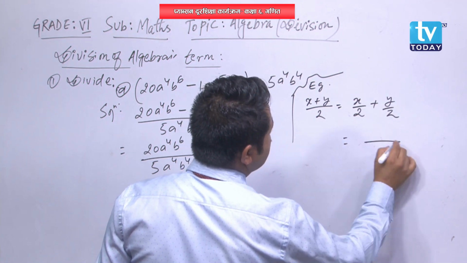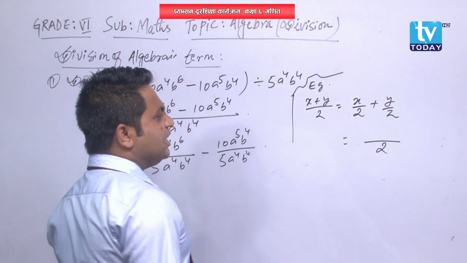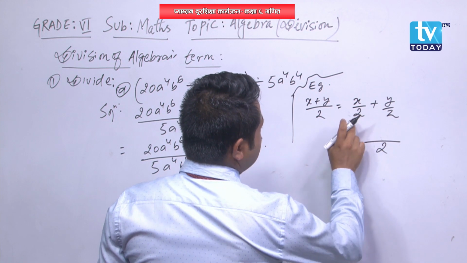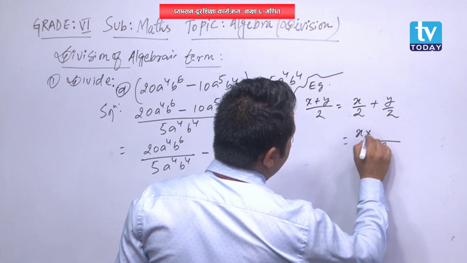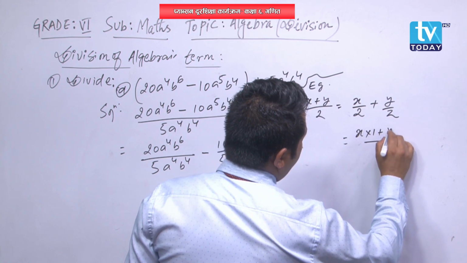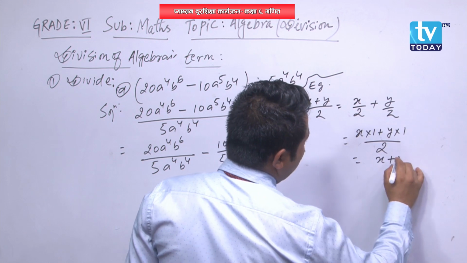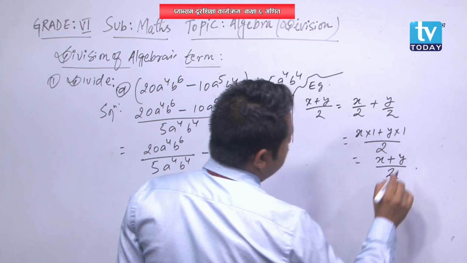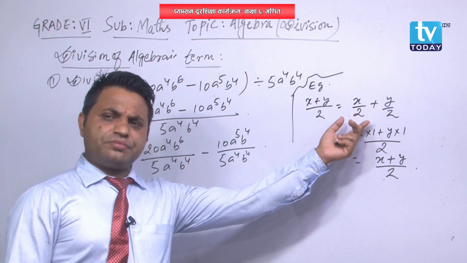Again, if you take the LCM, 2 is the LCM. So please divide these 2 by these 2. So it will be x into 1 plus y into 1. Again you will get x into 1, x, y into 1, y, upon 2. Same thing you will get. So you can separate in this way.